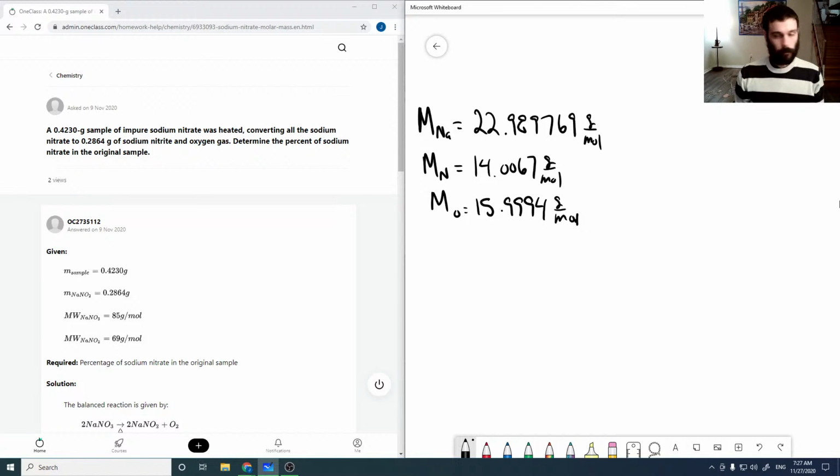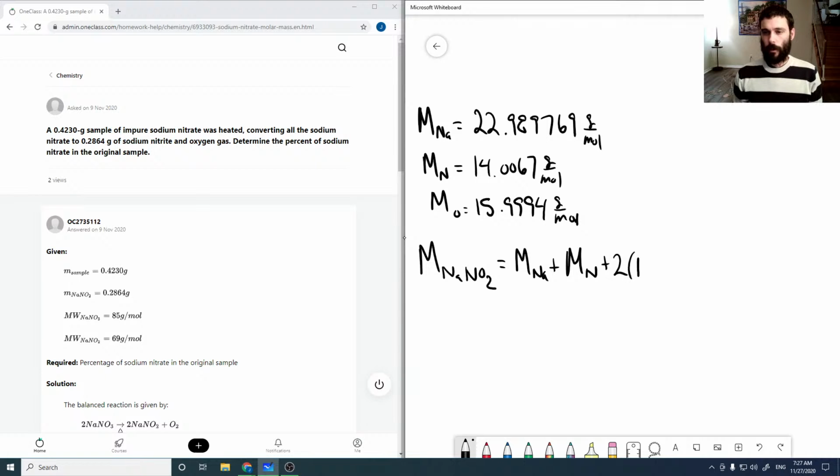And so our molar mass for sodium nitrite, which is NaNO2, is just the molar mass for sodium plus that for nitrogen plus 2 times that for oxygen, which comes out to be 68.995269 grams per mole.